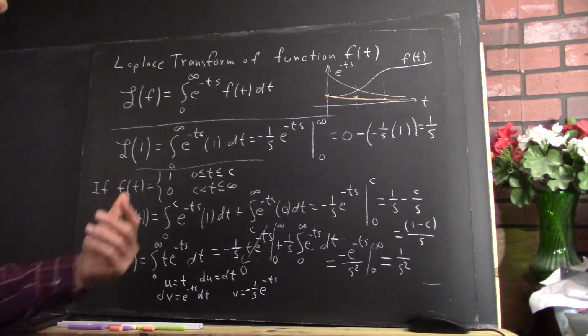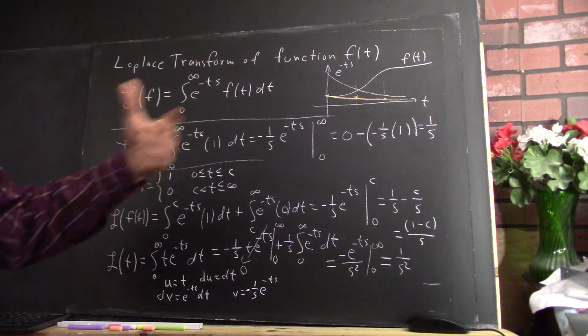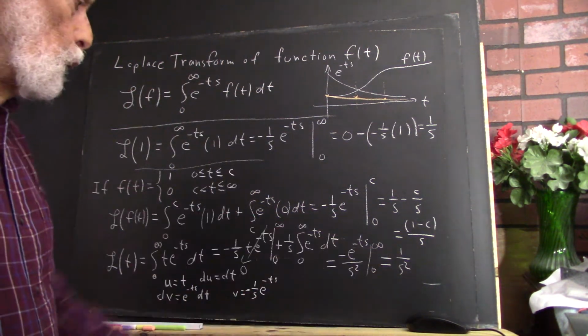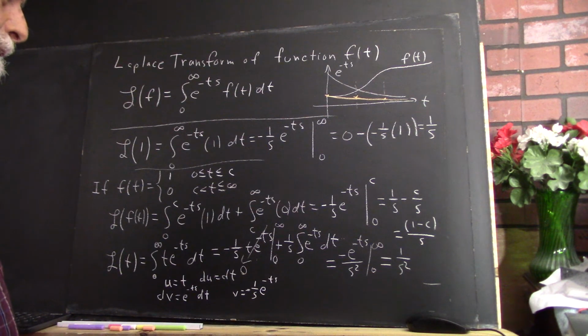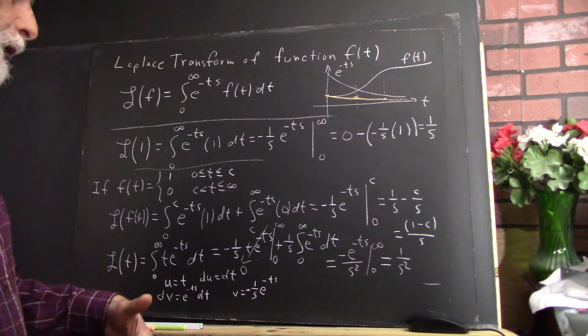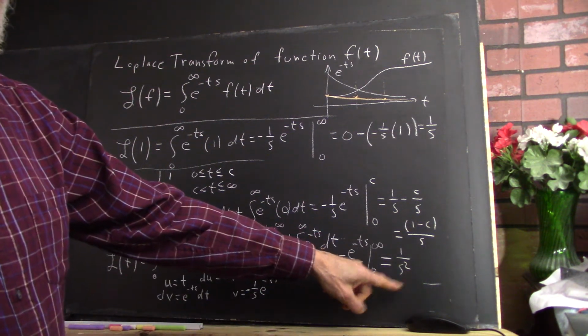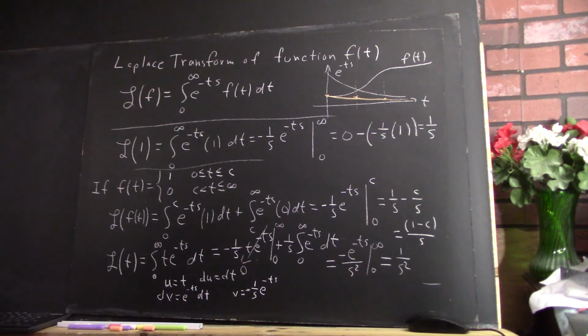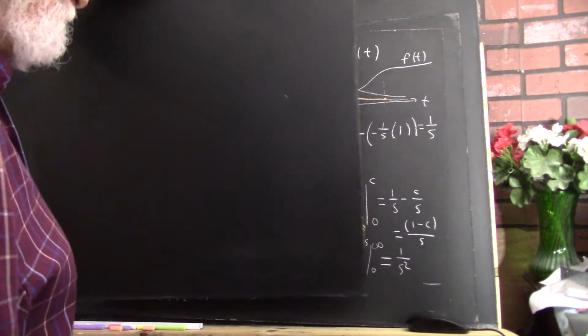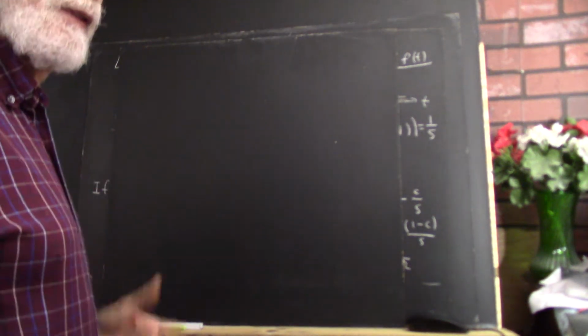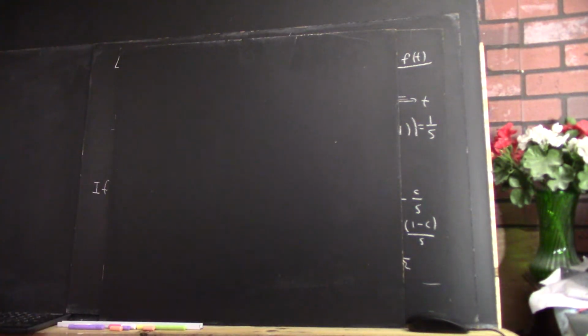Since we have to do it twice, we'd end up with a constant other than 1. And I think we'd end up with a negative 2 over s cubed here. You can check it out, you can do it. I could look at a table, and your book gives you a table of these things. But you want to be able to do the integrals. Okay.